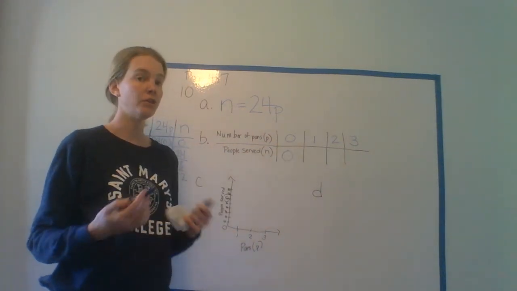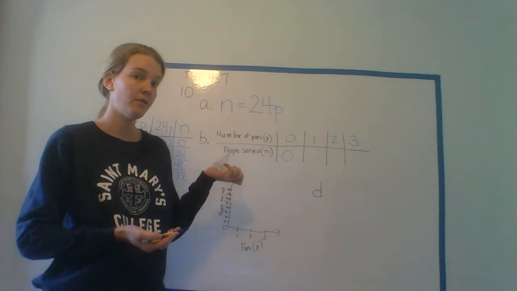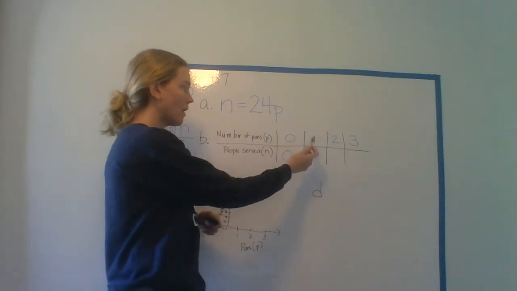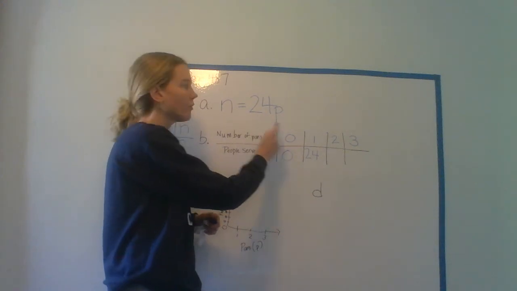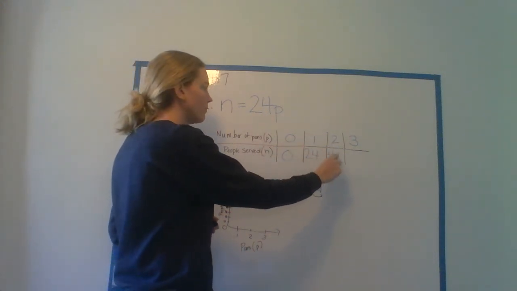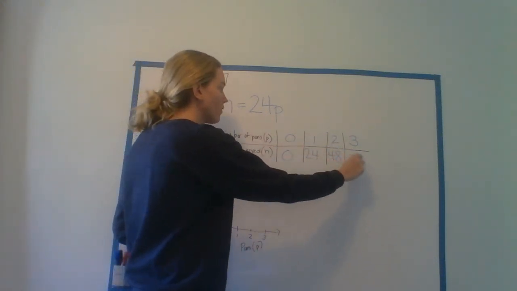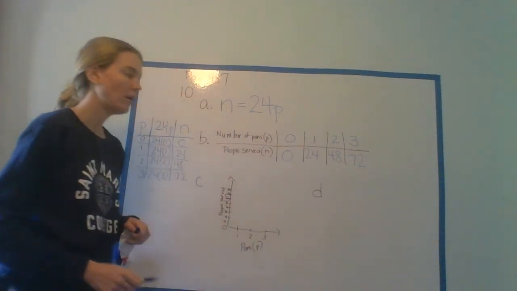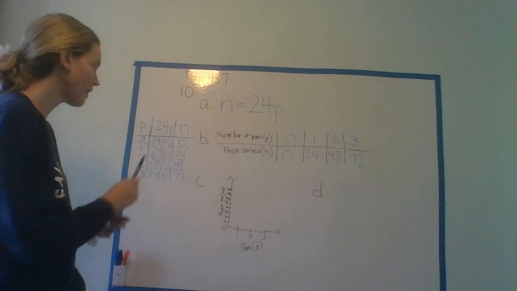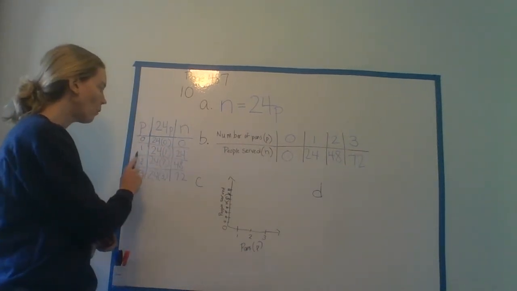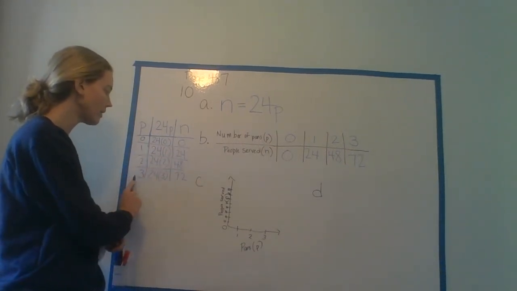If you have 0 pans of food, you're going to feed 0 people. If you have 1 pan of food, you're only going to feed 24 people according to our equation. If you have 2 pans of food, you're going to feed 48, and 3 pans, you're going to feed 72 people. So now we have 4 ordered pairs, and our ordered pairs are 0, 0, 1, 24, 2, 48, 3, 72.